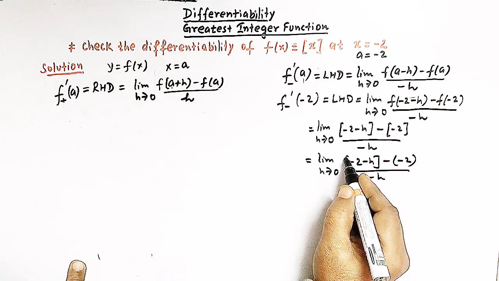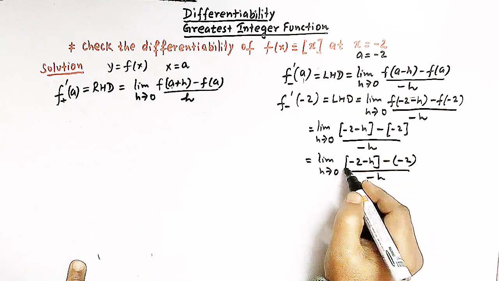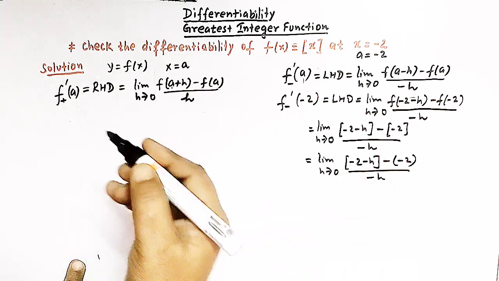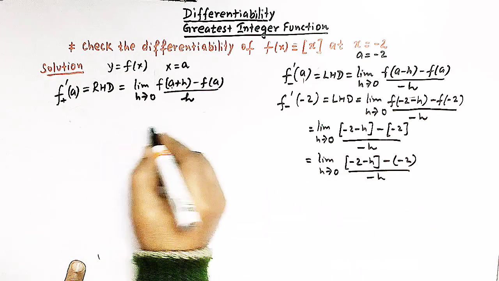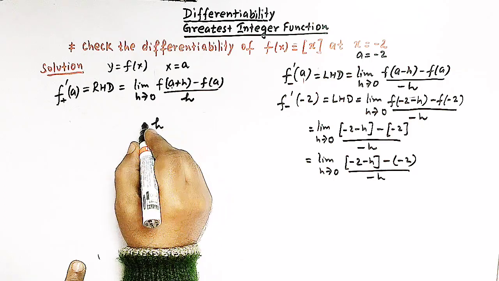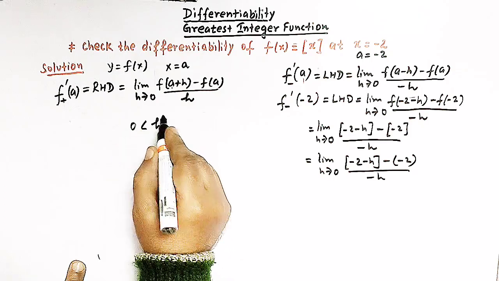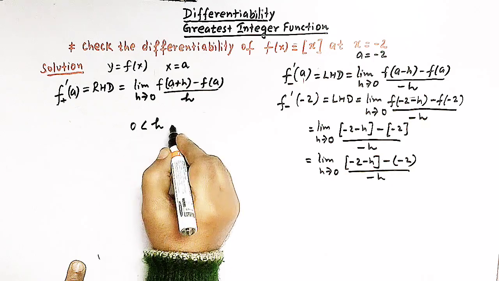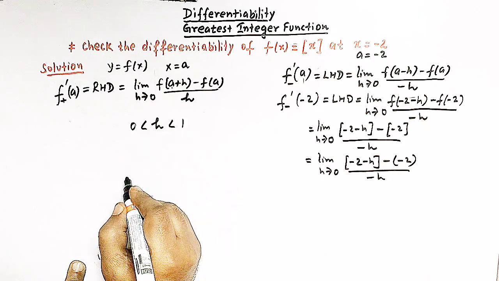Okay, so now we have to assign a value to greatest integer of minus 2 minus h. So again I will make use of this inequality, that is, this quantity h, which is infinitesimally small, lies between 0 and 1, right?